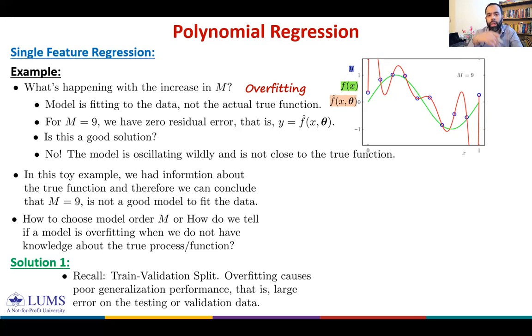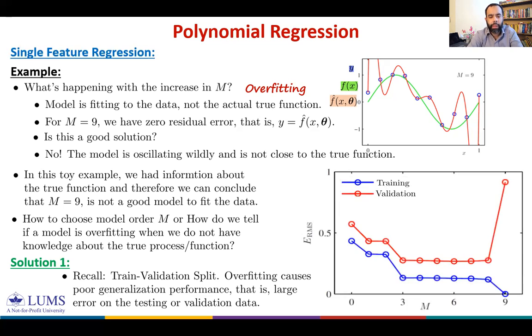If I plot the loss function, say root mean square error, versus model degree for training data and for validation data, I should be expecting curves something like this. The blue curve is the loss on training data, and this loss keeps on decreasing as m increases.